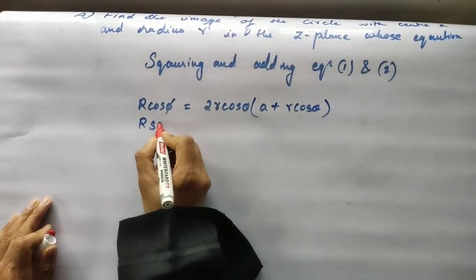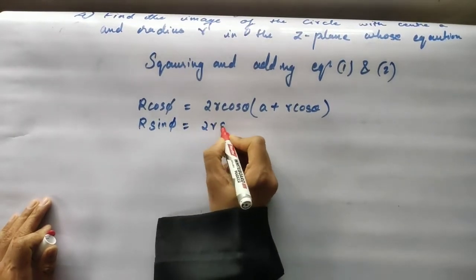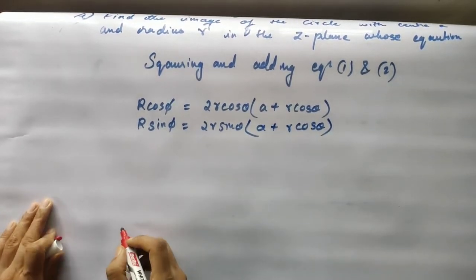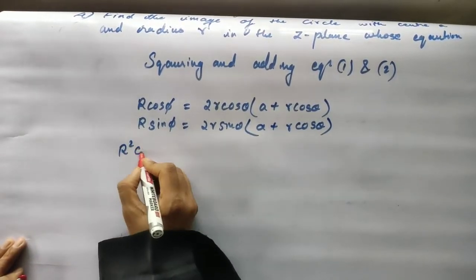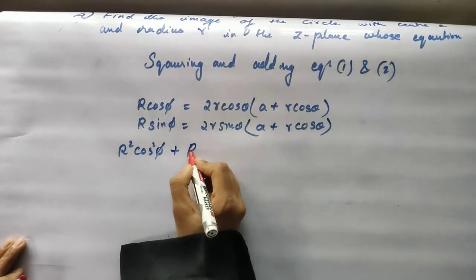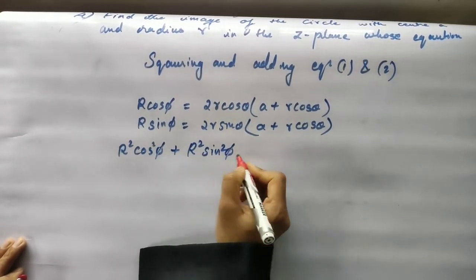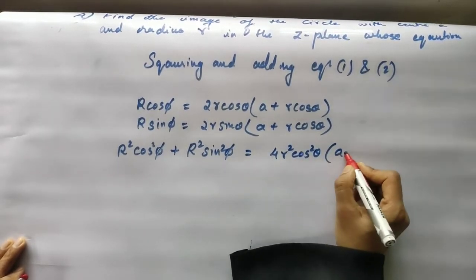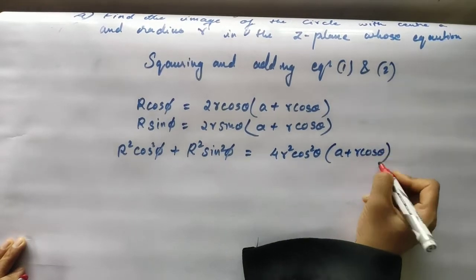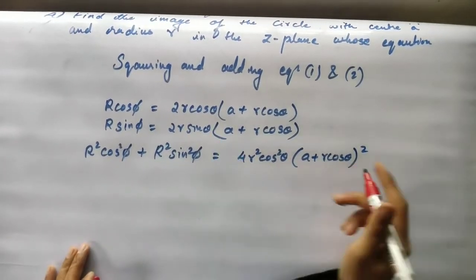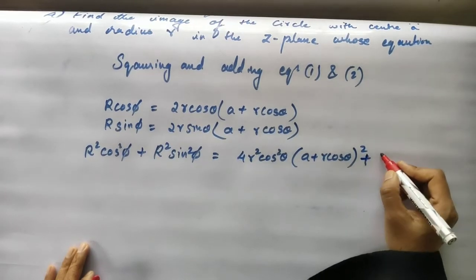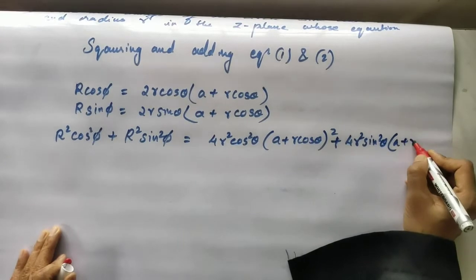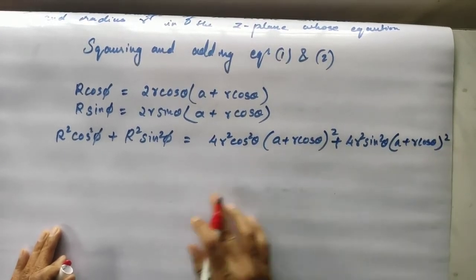Equation 2 was r sin φ = 2r sin θ (a + r cos θ). Squaring and adding, we get r² cos² φ + r² sin² φ = 4r² cos² θ (a + r cos θ)² + 4r² sin² θ (a + r cos θ)². Now you get this equation.